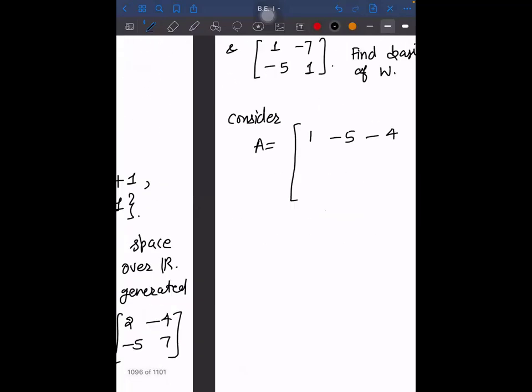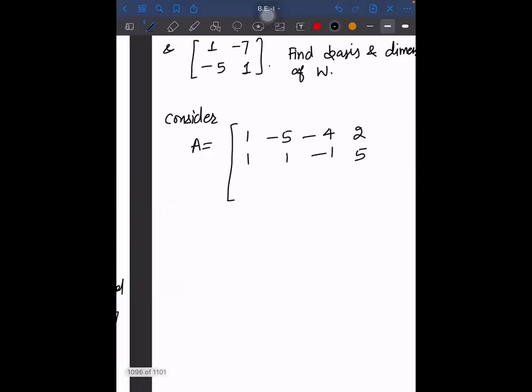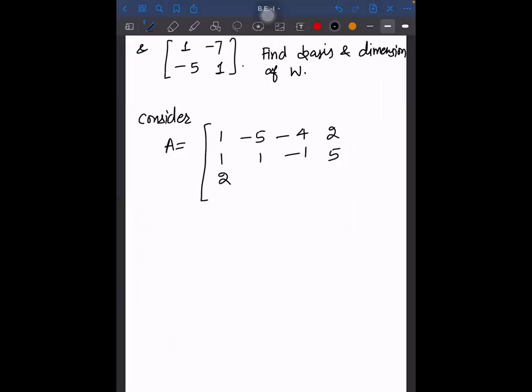Next one is 1, 1, -1, 5. Next one is 2, -4, -5, 7. And the last one is 1, -7, -5, 1.